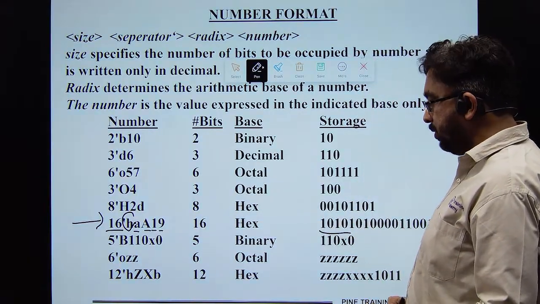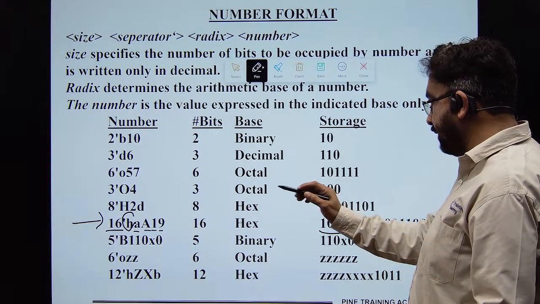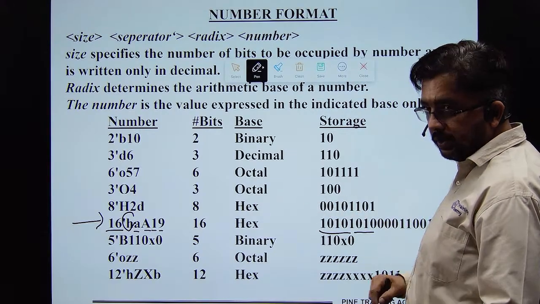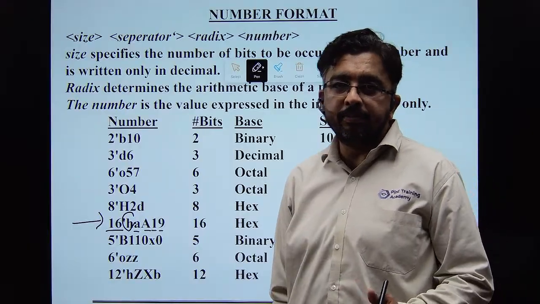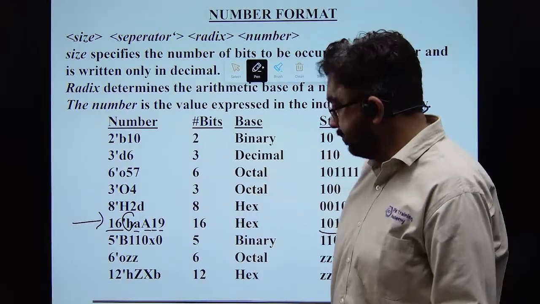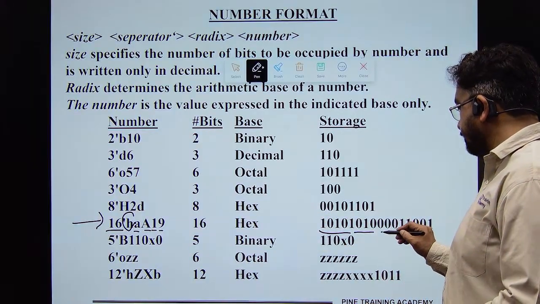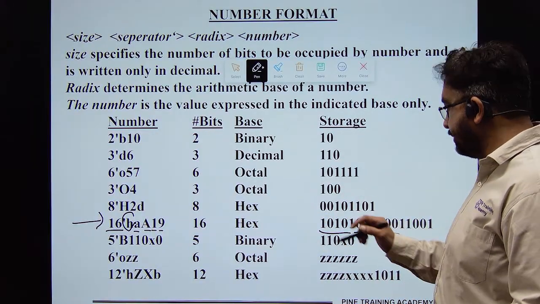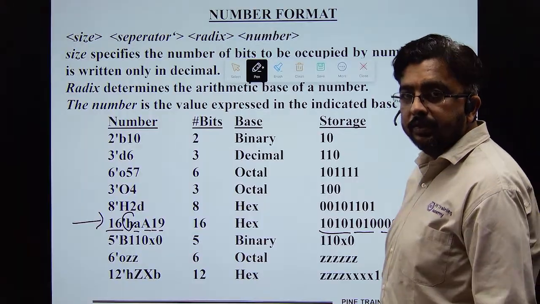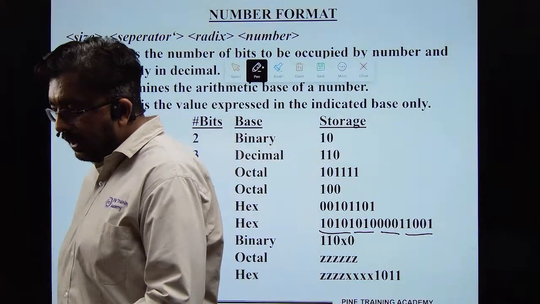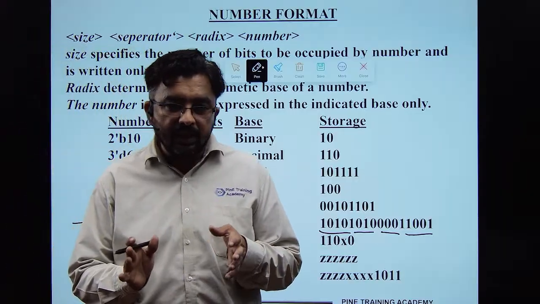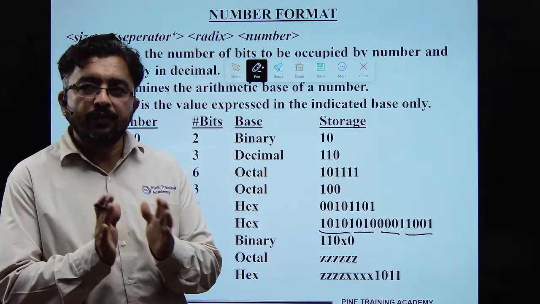Capital A means 1010, because both small a and capital A represent the same thing. 1 is 0001, and 9 is 1001. So basically you have divided AA19 into 4 values.